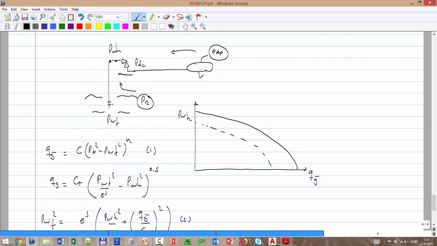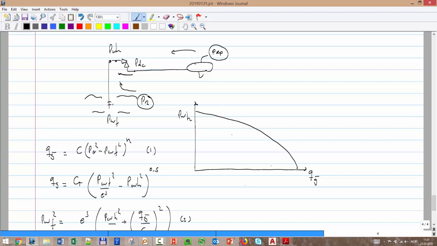Why? Because I'm losing pressure. The pressure I have here for one rate is a certain pressure, but when I travel to the wellhead, I have to deduct the pressure drop in the tubing. So the curve looks like the IPR, but scaled down.